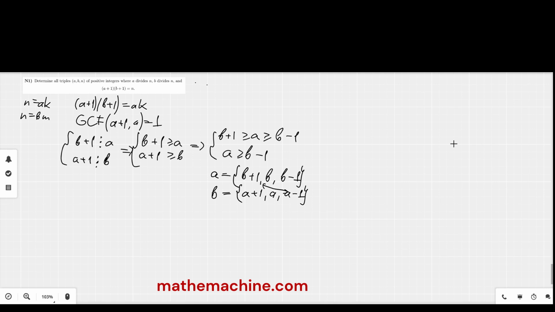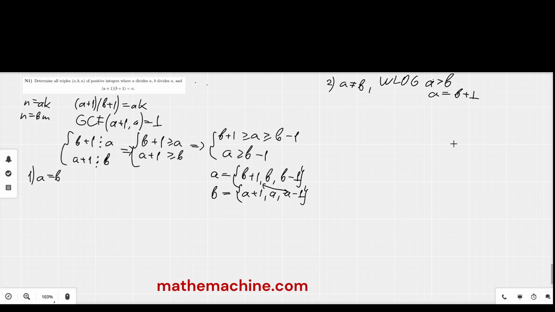The first and obvious option that we have is when A equals B. And the second option, I'll write it here, is when A is not equal to B. And here, because of the symmetry I told you about many times, we can assume without loss of generality that A is greater than B. And according to all this, actually A is equal to B plus 1.